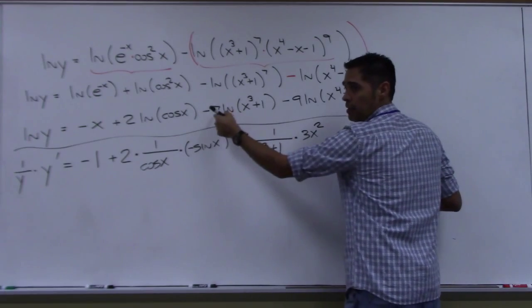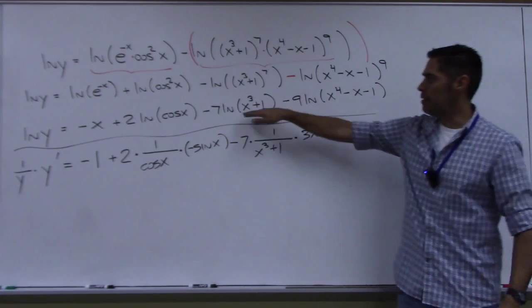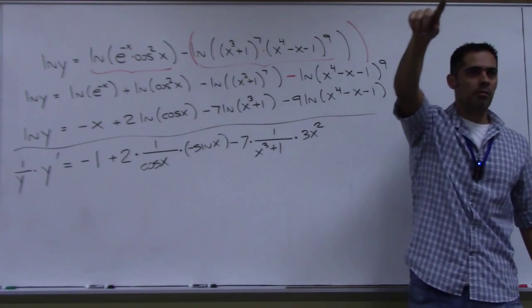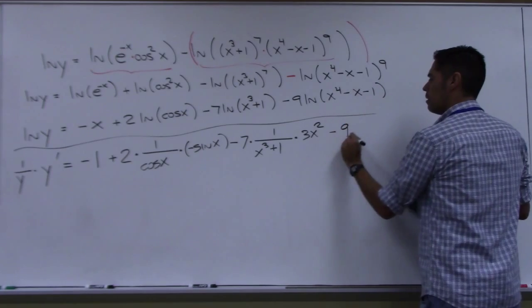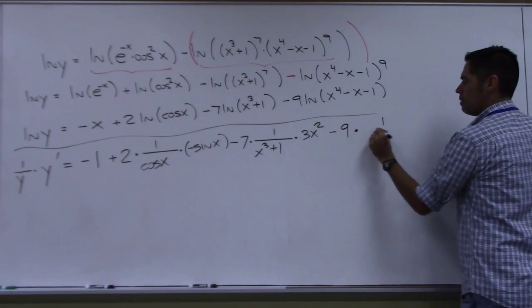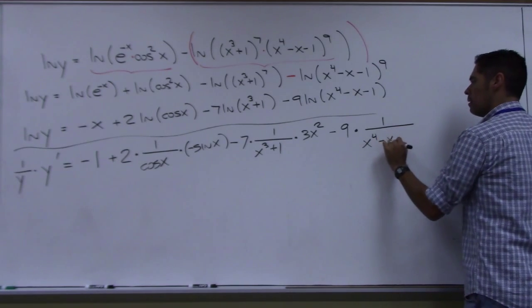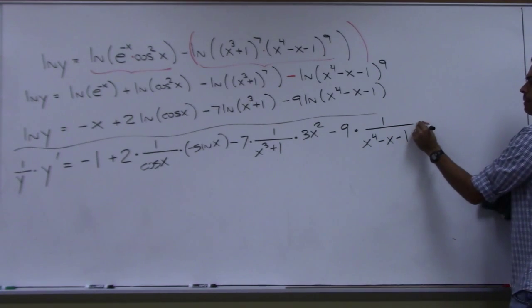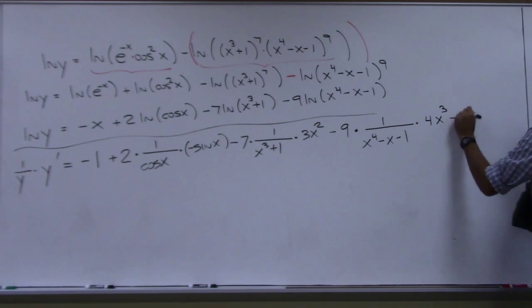But the -7, right? Okay, so -7 in front. Everyone good with that? That's the derivative of this one? We'll move around. Go ahead. What do you got? So the next one would be -9 times 1 over x to the fourth minus x minus 1 times 4x cubed minus 1.